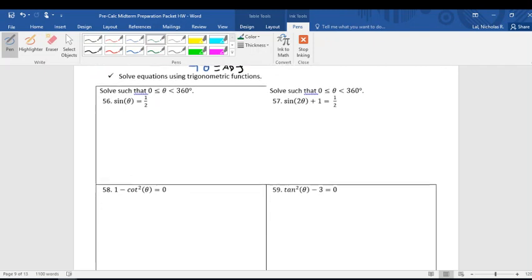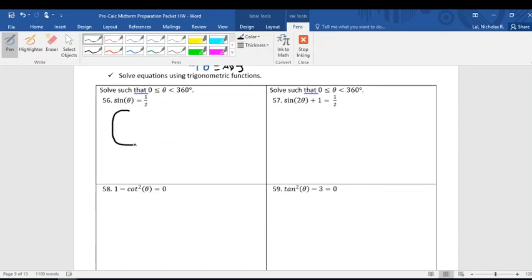All right. Let's solve such that. So let's figure out when the sine of theta is 1/2. Looking at your unit circle, the sine of theta is 1/2 in two places. Here, it's when you have root 3 over 2, 1/2.